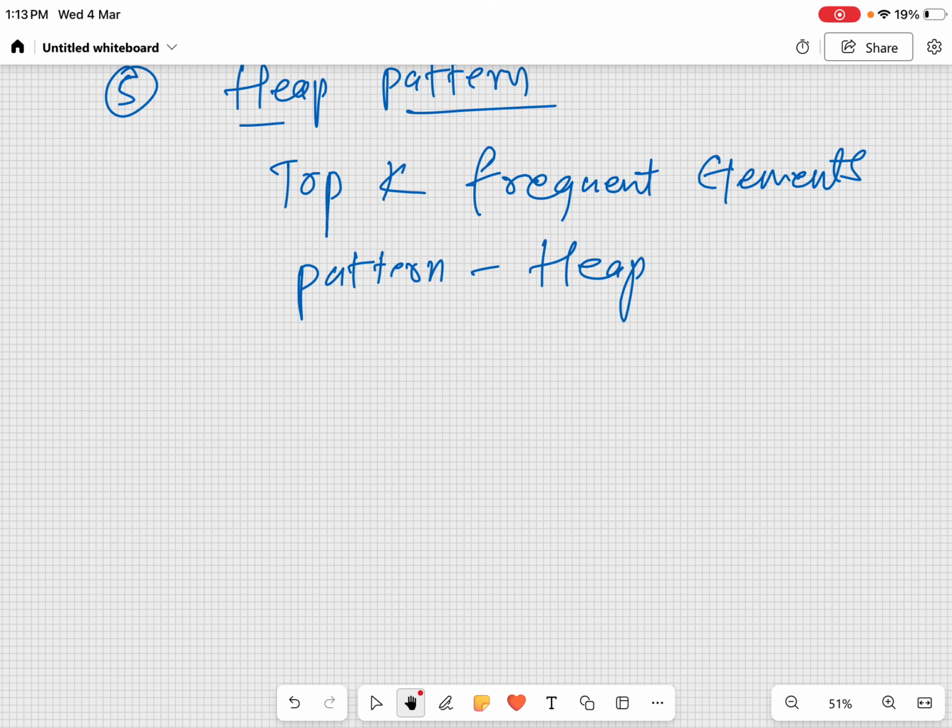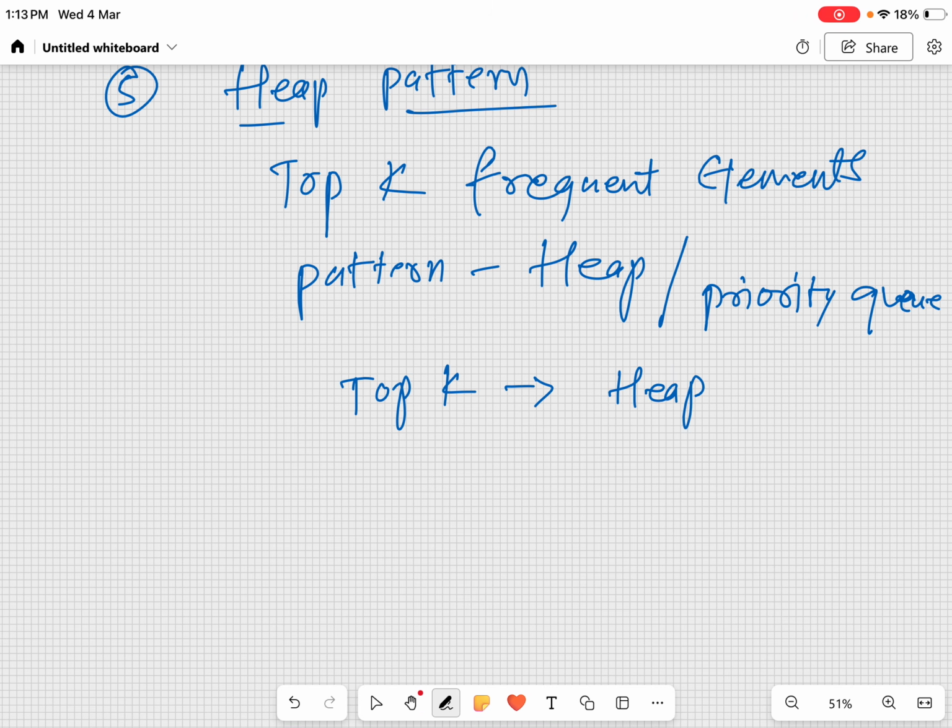When a problem asks for top k elements, the best solution usually involves a heap or priority queue. Correct. So here we maintain a heap of size k to track the most frequent elements. So I would say our memory trick is top k equals heap.